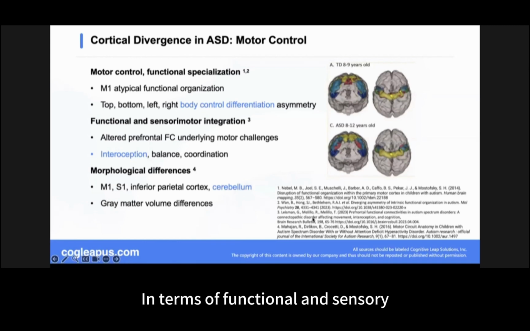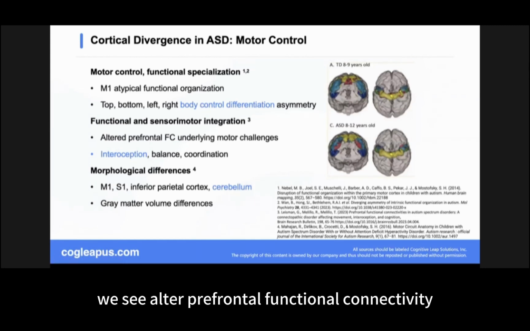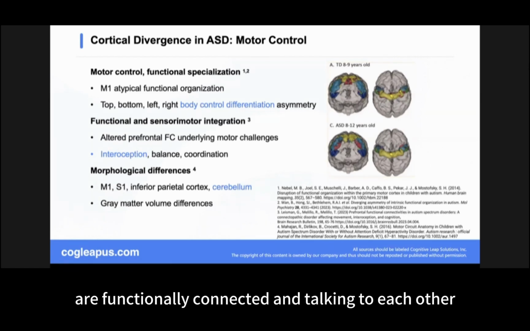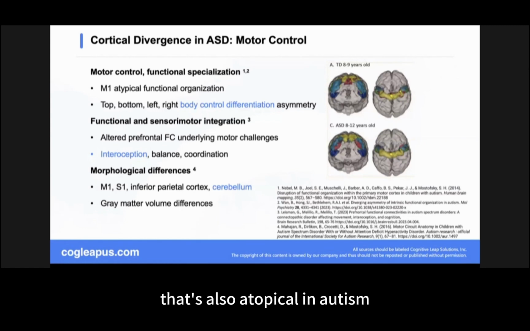Okay, and in terms of functional and sensory motor integration in the brain, we see altered prefrontal functional connectivity. So the way that the prefrontal cortex and the motor areas of the brain are functionally connected and talking to each other, that's also atypical in autism.